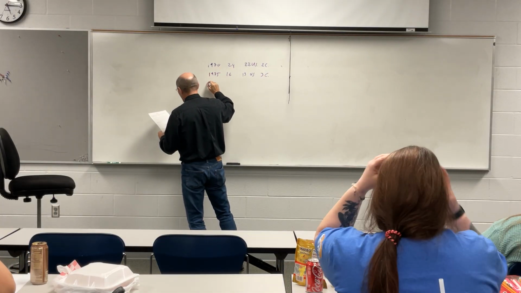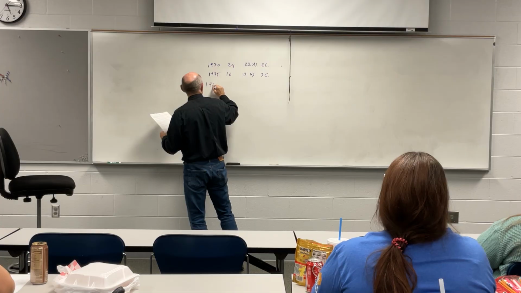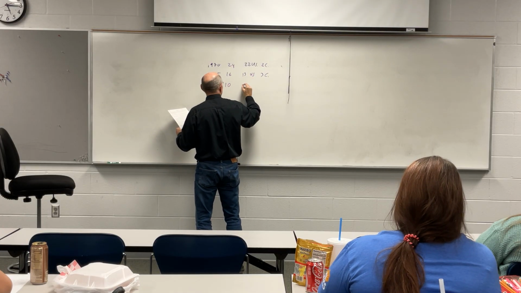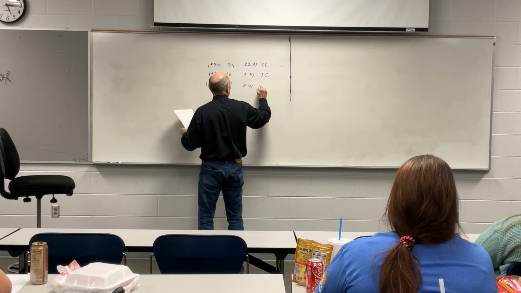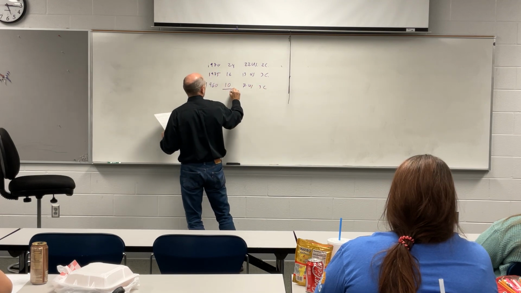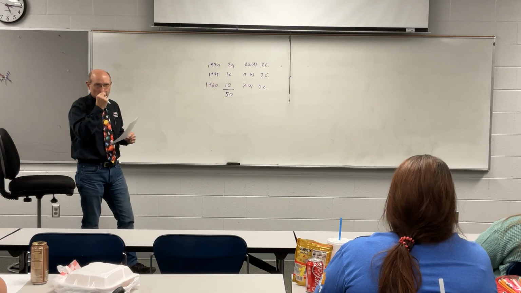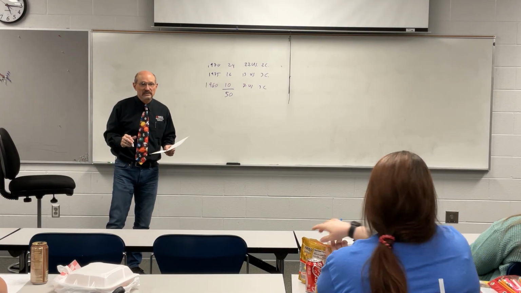And then 10 from 1960: 7 U.S., 3 Canada. Total here, 50 total stamps. That's going to be important in terms of calculating probabilities.